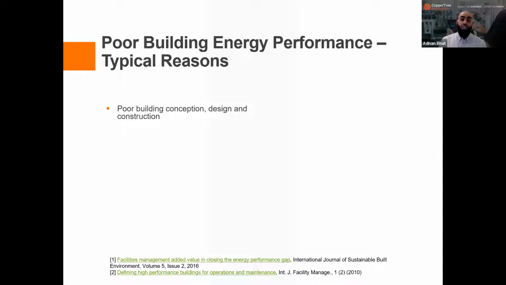But inefficiencies early on in the designing or construction of a particular facility is going to impact how facility managers react to what's on site. And the reality is sometimes FM teams just have to live with and manage what's on site to the best of their ability.